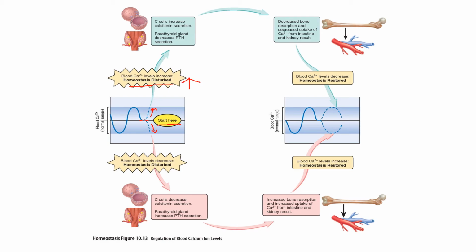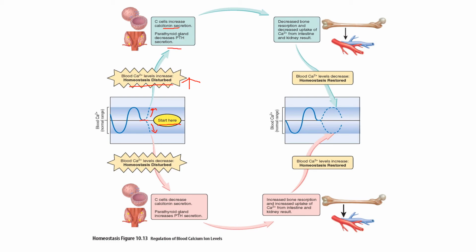Your C cells or your parafollicular cells and your parathyroid gland actually sends out a stimulus. Okay? So, they are the receptors and the control centers na nagre-receive nung change na yon.